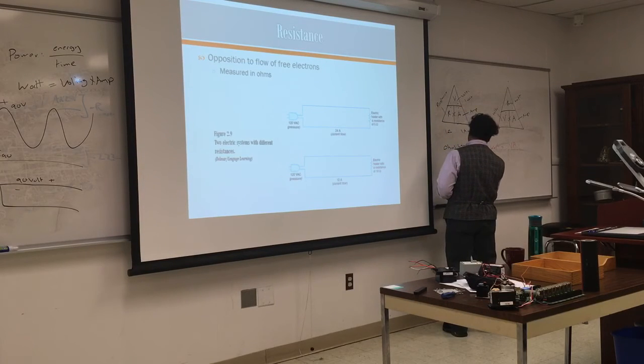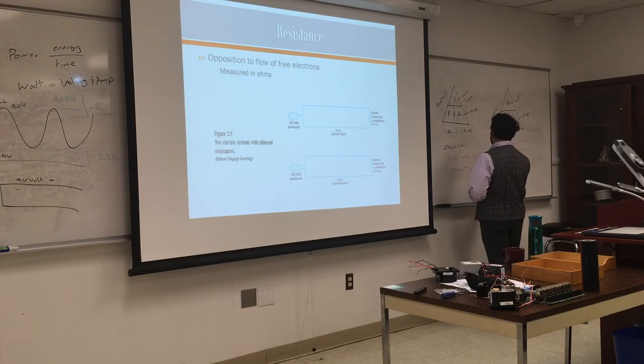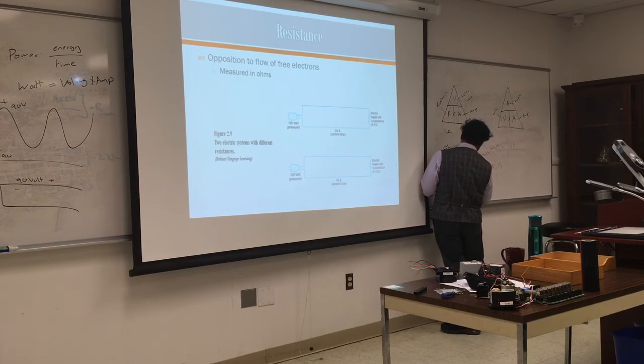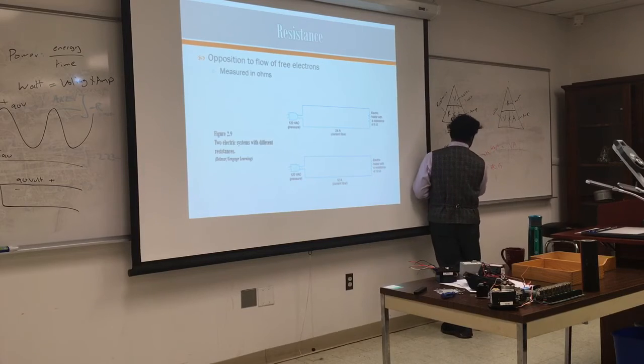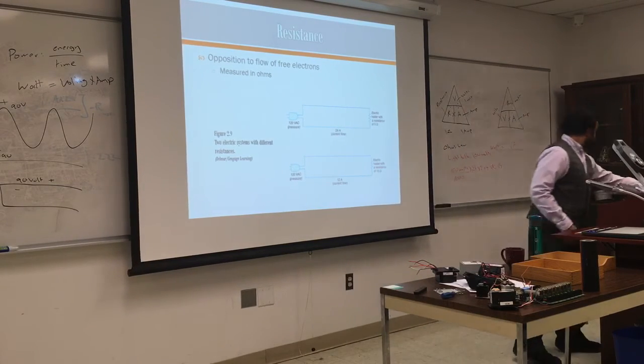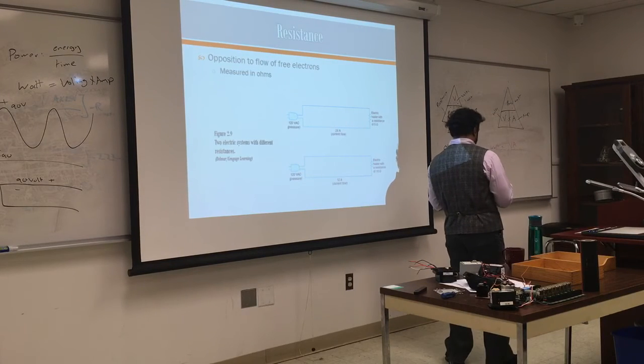So 100 watts times 24 hours times 7 days a week times 4 weeks a month times $0.15 per kilowatt-hour, and I have to divide that by 1,000 to convert from watts to kilowatts.